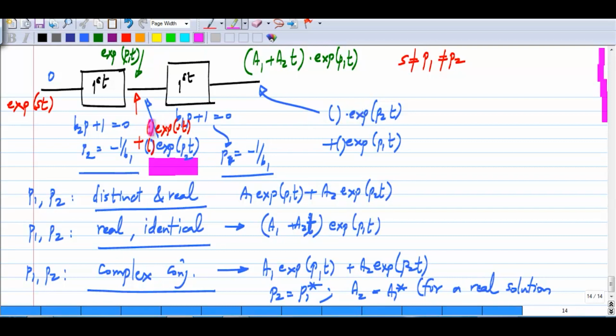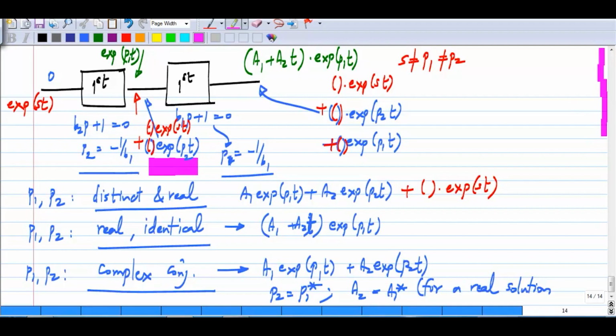And here we will get the input exponentials scaled by some number, plus the natural response of the second stage, which is something times exponential P1t. So the total response would be A1 exponential P1t plus A2 exponential P2t plus something times exponential st. And this something can be evaluated by substituting exponential st in the solution to the differential equation and solving for the resulting equation.